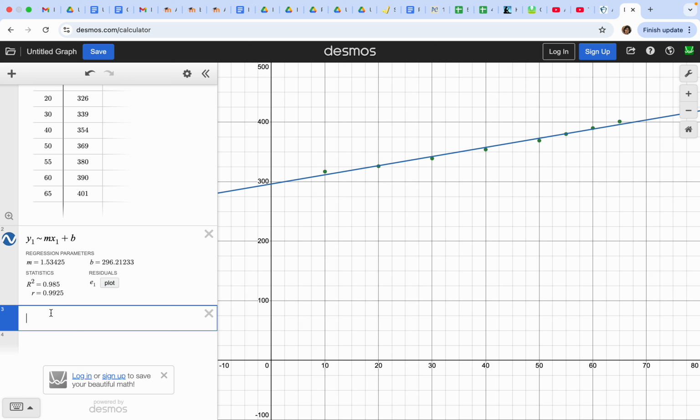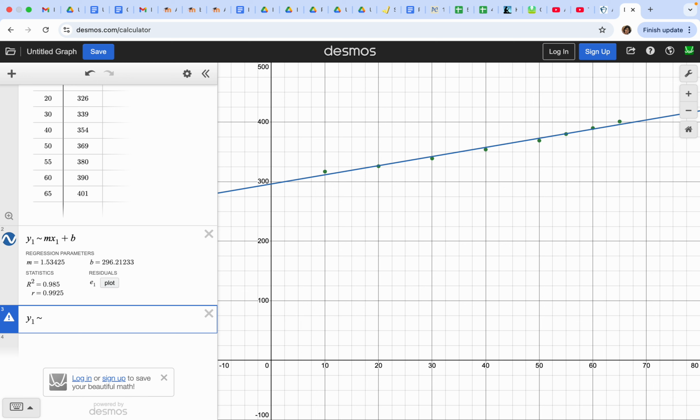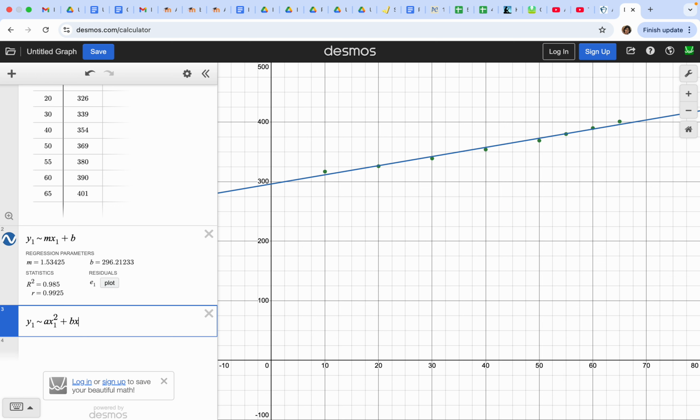So let's see, does a quadratic fit better? Y1, squiggly line. Now we want to use some letters here, so we're going to use ax squared. Oops, we need to put the 1 in there because we want that data. Now plus bx, because that's a quadratic, plus c.